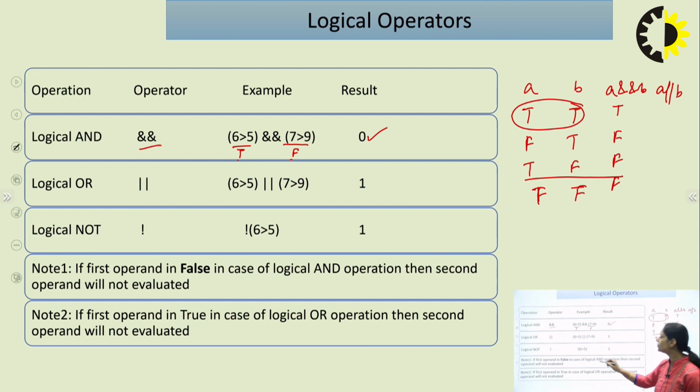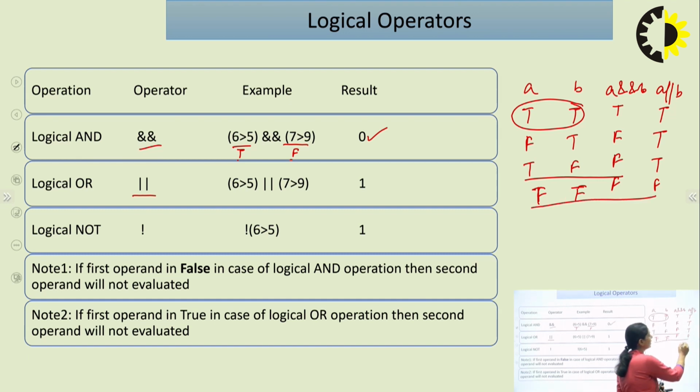Now the logical or says, if any one of the conditions is true, the result would be true. The result would be false only when both the conditions are false. So logical and would be true only when both the conditions are true, but logical OR says if any one of the conditions is true, the result would be true.